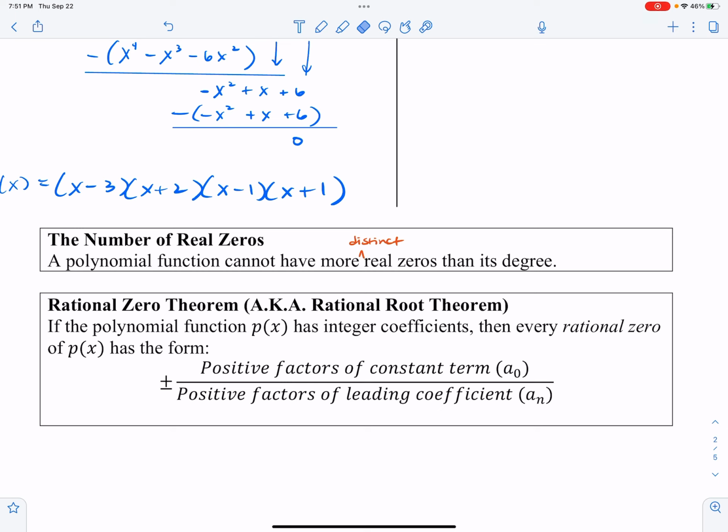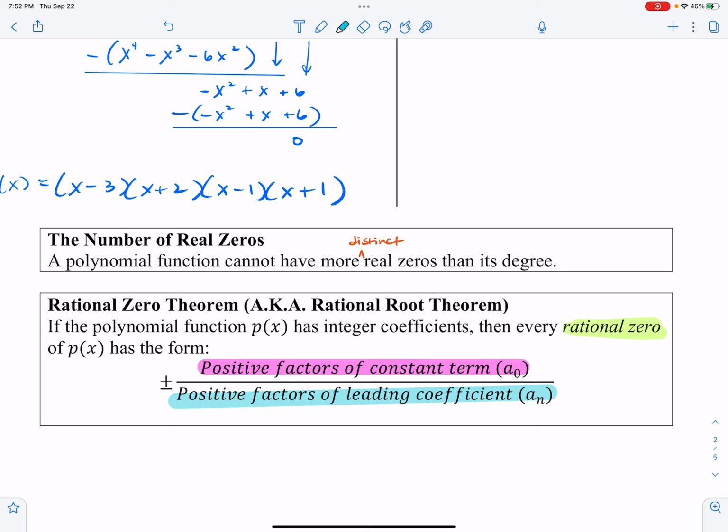The rational zero theorem, aka the rational root theorem in different texts, says that if a polynomial function p of x has integer coefficients, then every rational zero, not necessarily irrational, but every rational zero of p of x will be in the form of plus or minus the positive factors of the constant over the positive factors of the leading coefficient. So they'll be in that form.